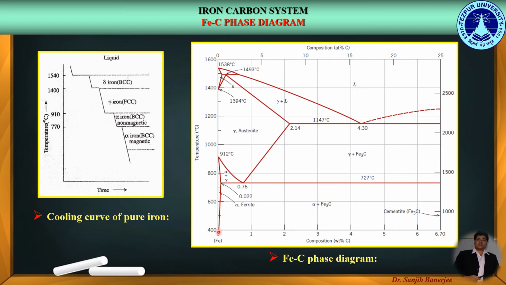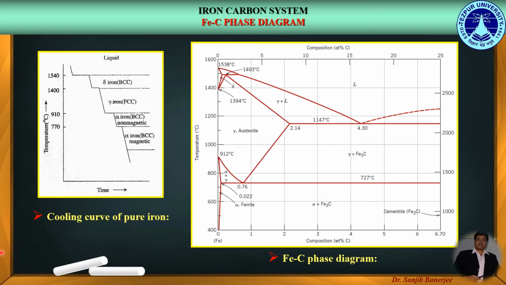And since the vertical axis in the iron carbon phase diagram represents the pure iron, over here we get the same temperature ranges for different phases, that is 912 degrees centigrade, 1400 degrees centigrade and 1538 degrees centigrade, similar to the temperature ranges in the cooling curve of pure iron.